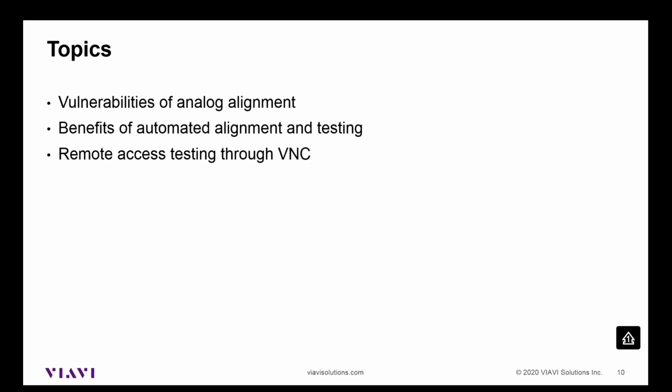If you're not familiar with VNC, we'll talk a little more about it when we get to that point. We're probably not going to get into the nuts and bolts of how VNC works, that's a little deeper than we need to go. But know that we can control the equipment through this VNC connection, and there are some benefits to that as well.